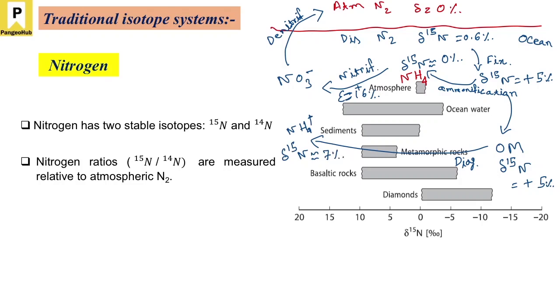Here is the oxic-anoxic line. So this is a very crude diagram showing the variation of the isotopic compositions of nitrogen, which I wanted to show.